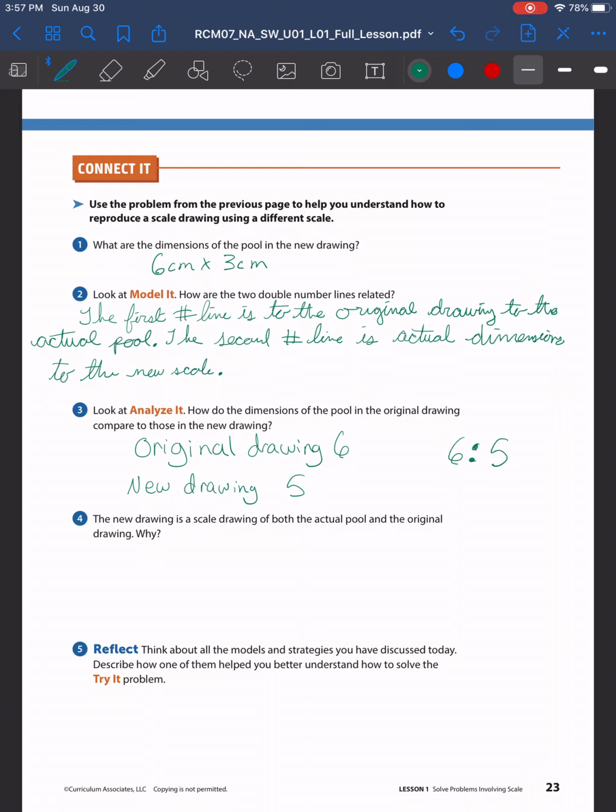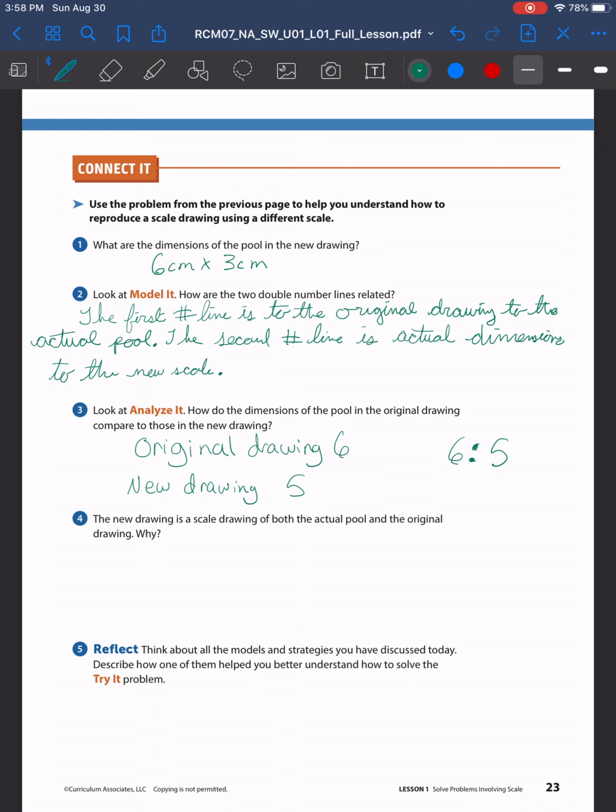The new drawing is a scale drawing of both the actual pool and the original drawing. Why? Well, it's because we had to go from the original drawing to the actual and then to our new one, right? So that's why.